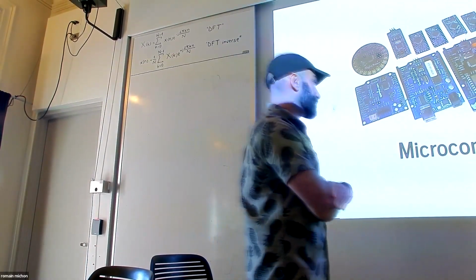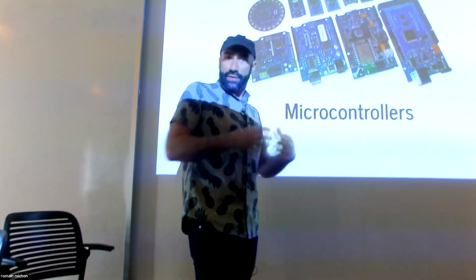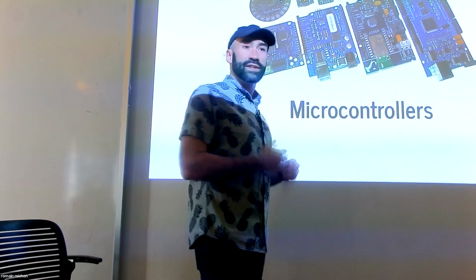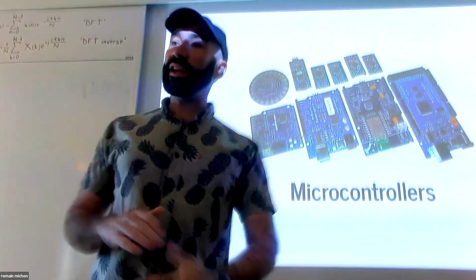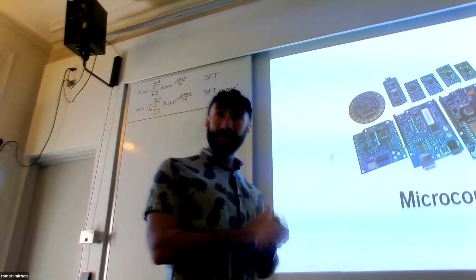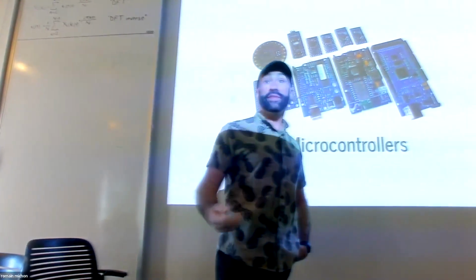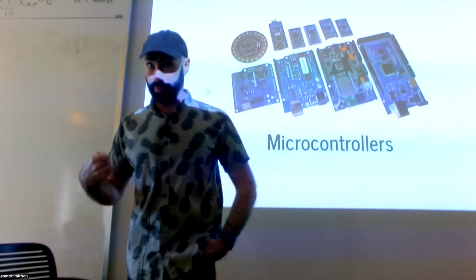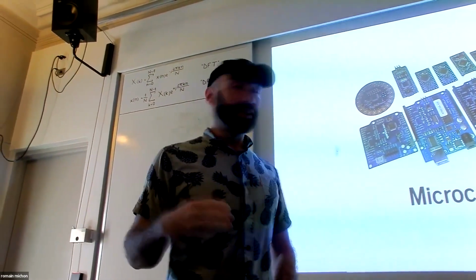So a microcontroller is an alternative to a CPU. It does computation, but it's not a CPU. The main difference between a CPU and a microcontroller is that a microcontroller has a lot of inputs and outputs. The CPU is designed to do heavy computing.